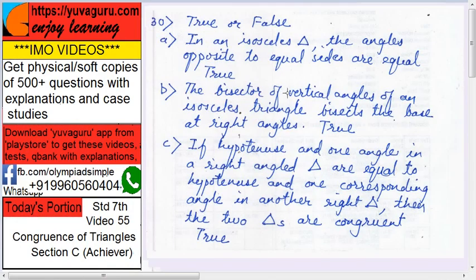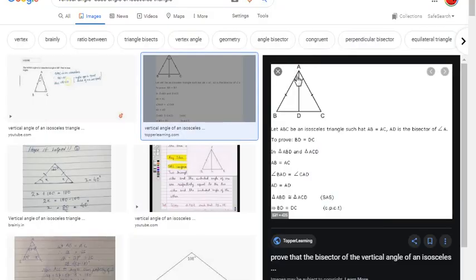So the bisector of the vertical angle bisects the base at right angles. This is true because the bisector of the vertical angle bisects the base, so BD becomes equal to DC. That is the basic theorem of isosceles triangles. It's proven over here. You can check that.